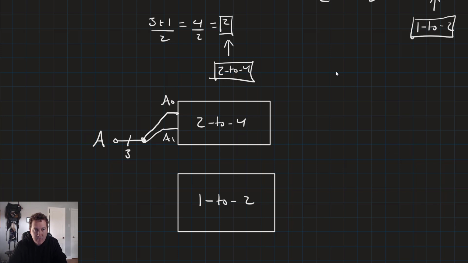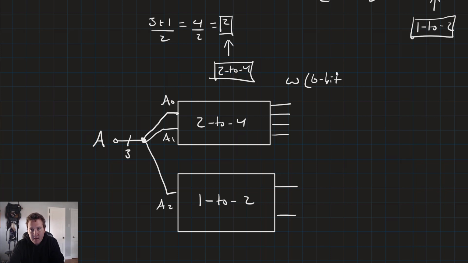And we have 1 input going to the 1 to 2. That'll be A sub 2. 4 coming out of the 2 to 4 and 2 coming out of the 1 to 2. That means we're going to need wires that are 6 bits. So this will be wire 0, wire 1, wire 2, wire 3, wire 4, and wire 5. And then we'll need 8 AND gates.